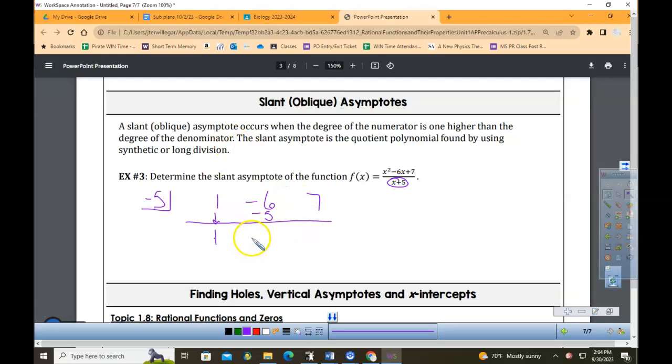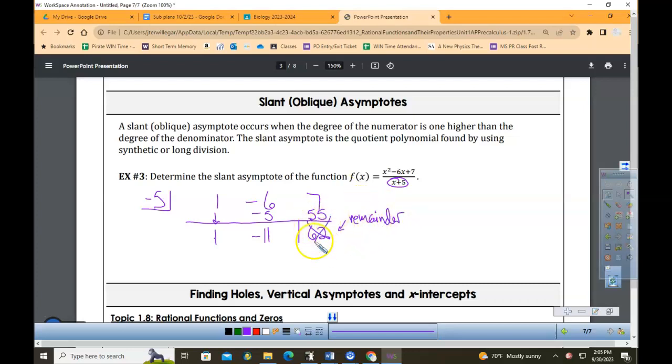I'm going to combine those, get negative 11, right? Negative 11 times negative 5 is 55. 55 plus 7 is 62, and that's a remainder. And what do we do with that remainder?